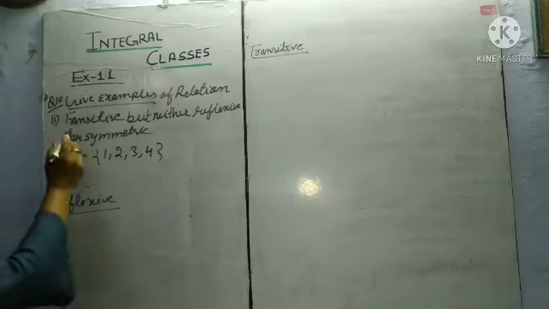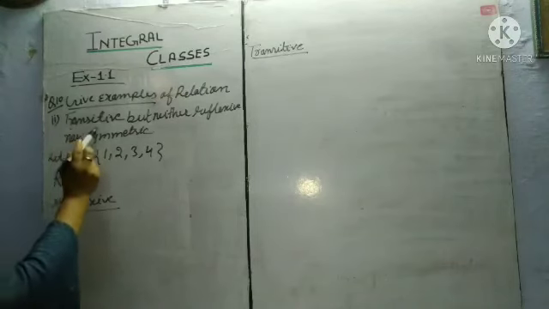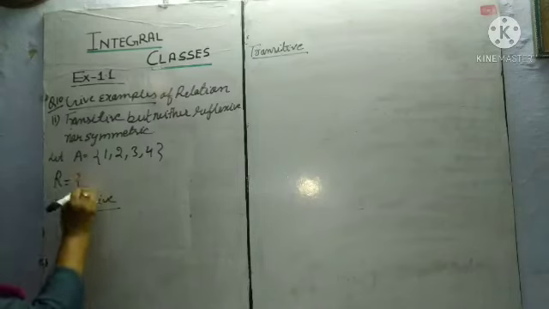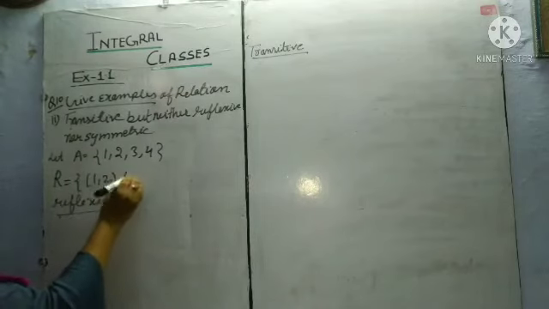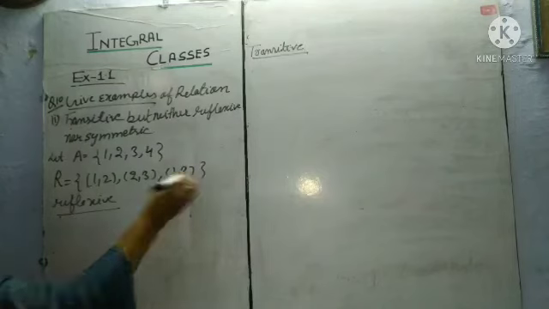Now the second part is to show a relation which is transitive but neither reflexive nor symmetric. So first we will consider a relation 1, 2, 2, 3 and 1, 3.